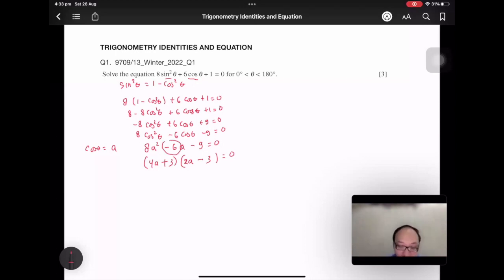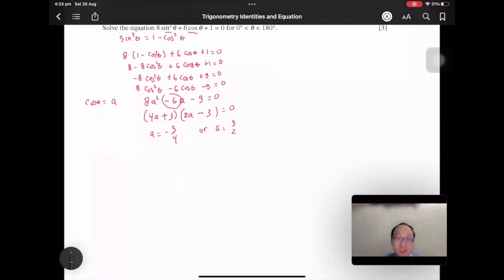So that means from here we can have a equals negative 3 over 4, or a equals 3 over 2. In this case, we replace it back to the function: cos theta equals negative 3 over 4, or cos theta equals 3 over 2.